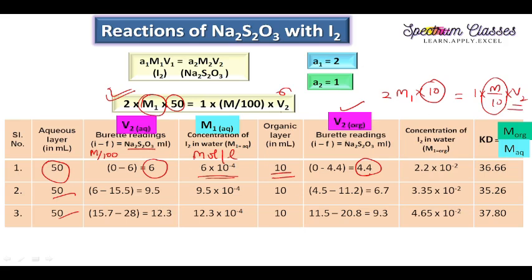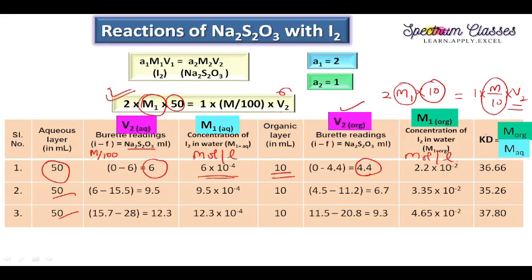So you just write down this V2 over there, and from there we calculate this M1 organic. Fine, this M1 stands for mole per liter. In this manner we get M1 for organic and M1 for aqueous.